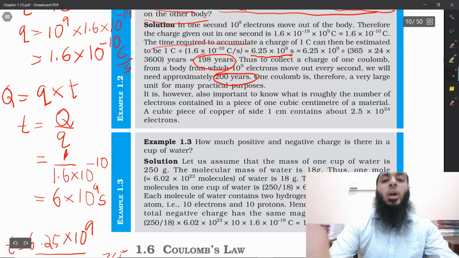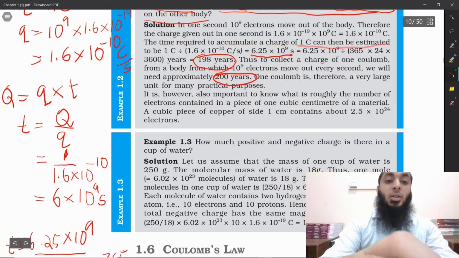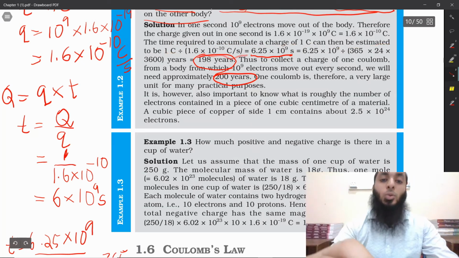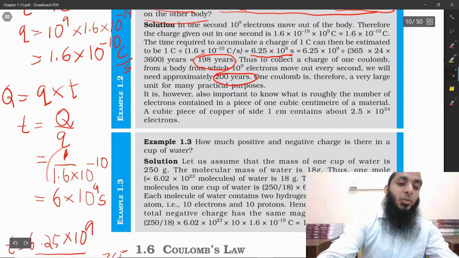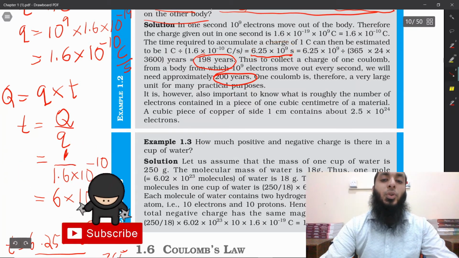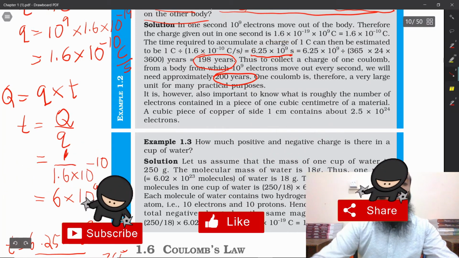The time required to accumulate a charge of 1 coulomb can then be estimated to be 1 coulomb divided by 1.6 into 10 raised to minus 10 coulomb per second, and that comes out to be 6.25 into 10 raised to 9.